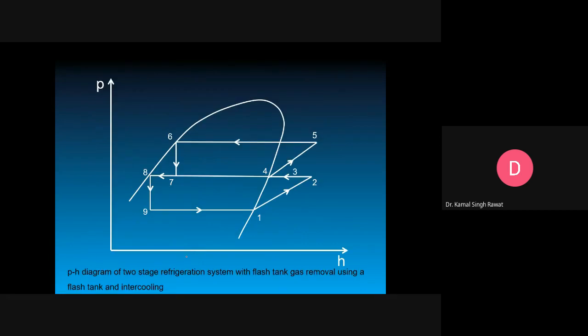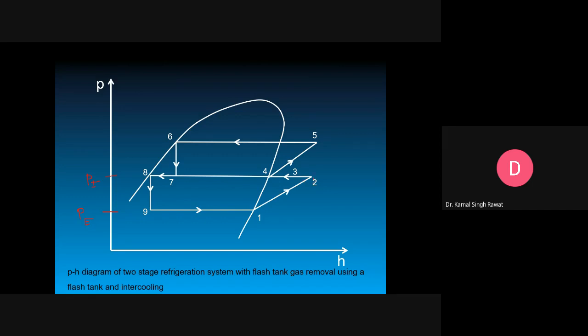So at point 1, we have saturated vapor at evaporator pressure PE. Now, this saturated vapor is compressed from the evaporator pressure to the intermediate pressure PI in the process 1 to 2, which is isentropic compression.